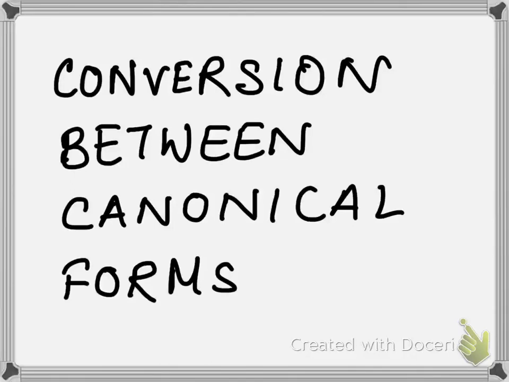Hello everybody, welcome to this video where we are going to look at conversion between canonical forms. In the past video we have seen that there are two canonical forms.